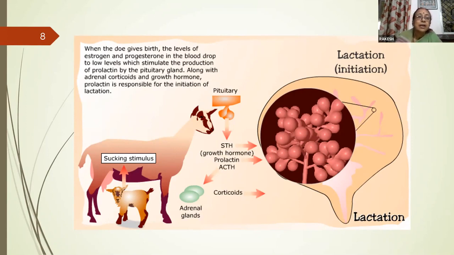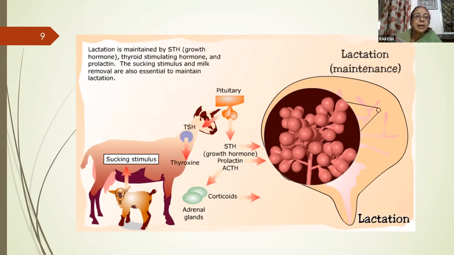Prolactin is responsible for the initiation of lactation. Lactation is maintained by growth hormone, thyroid stimulating hormone, and prolactin. The suckling reflex also stimulates milk production and removal of milk from the udder. This is essential to maintain lactation.